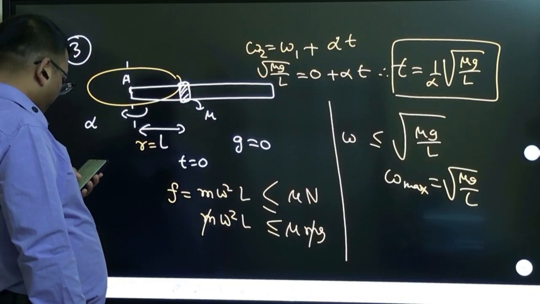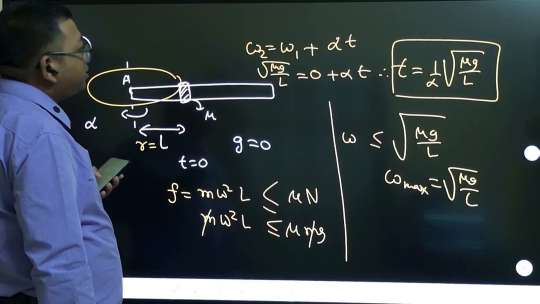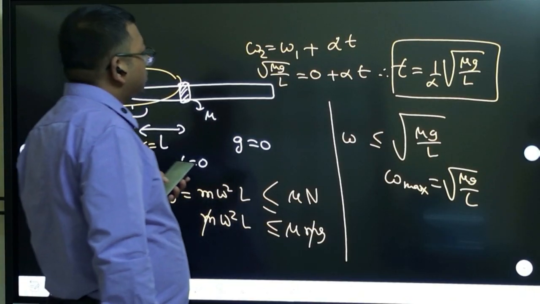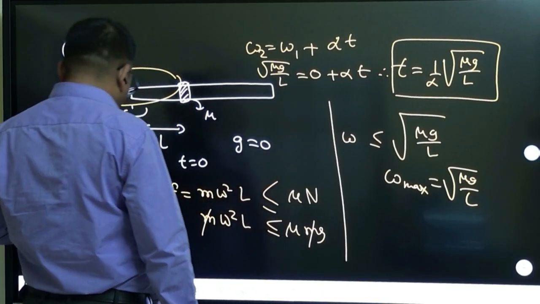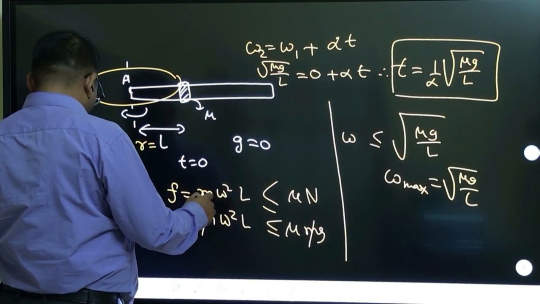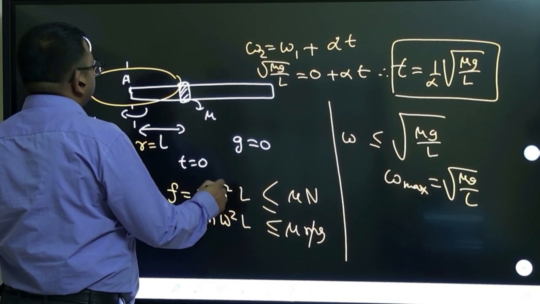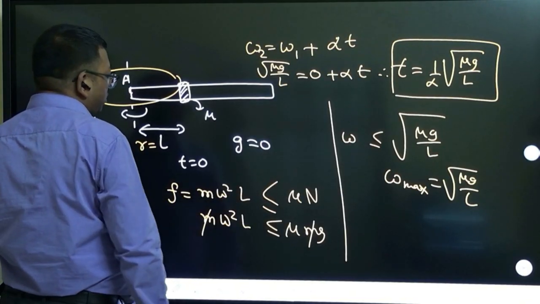The coefficient of friction between... gravity is neglected. Oh, gravity is neglected. Let's check that. Gravity is neglected means then what will happen? Friction is this, but friction has to be less than or equal to mu times normal.